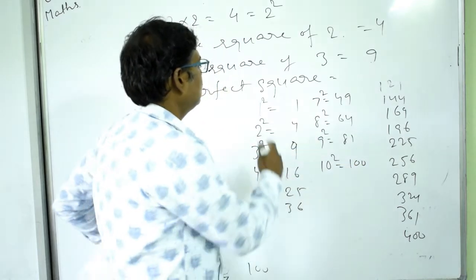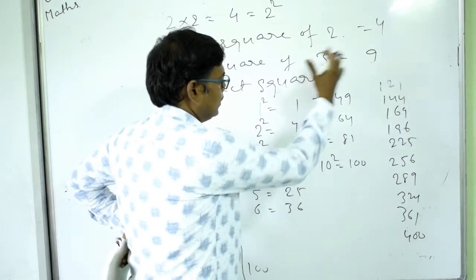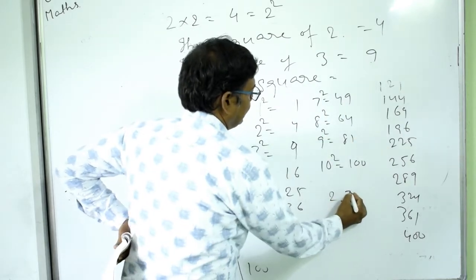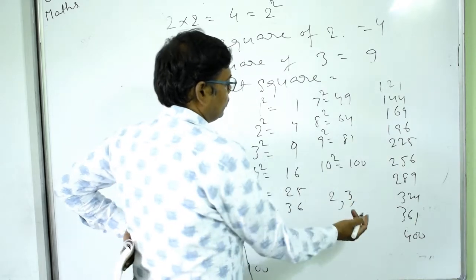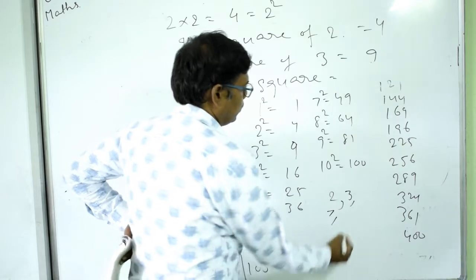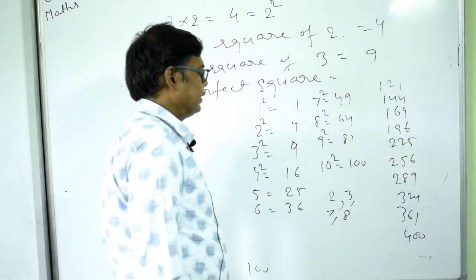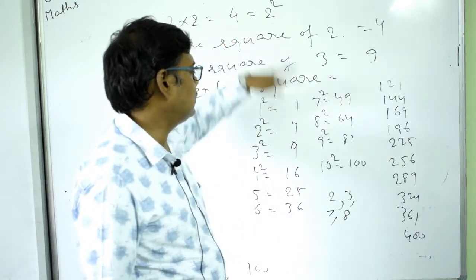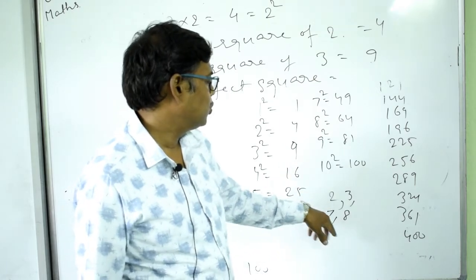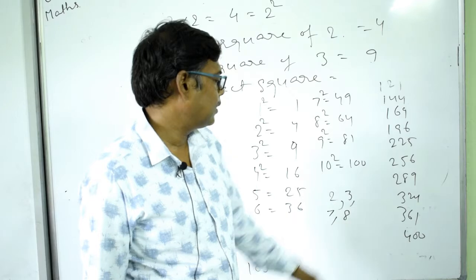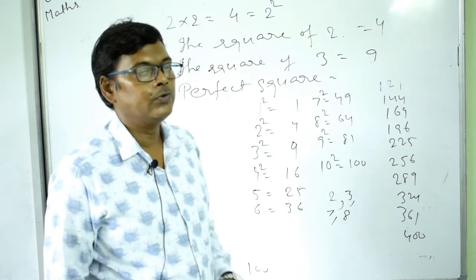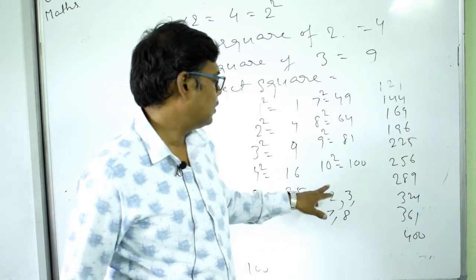And in any square number you will not find 2, 3, 7, or 8. So in any square number you will never get the digits 2, 3, 7, or 8 at the ones place.